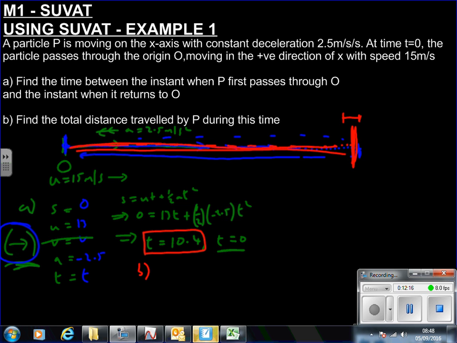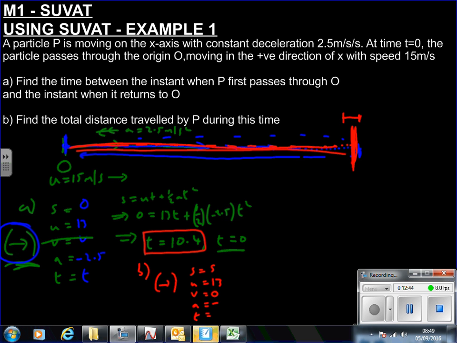So if we go for our SUVAT again, always the same. It always helps if you just write your SUVAT down and then you can see what you have. s is the distance we're looking for, so don't know. u, we know, started at 13. v, don't know. Oh yeah, but actually I do know the velocity, and that's the whole point of this question. By the time this thing slows down and stops, if it stops, it's not moving, so the velocity is 0.